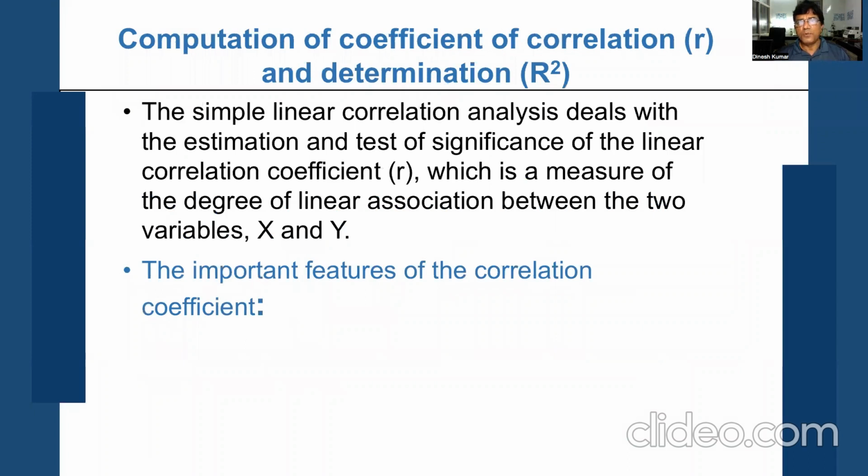Computation of coefficient of correlation and determination. Now you will see the coefficient of correlation. The simple linear correlation analysis deals with the estimation and test of significance of the linear correlation coefficient, which is a measure of the degree of linear association between the two variables. Now you remember that the correlation coefficient tells us the strength of relationship.